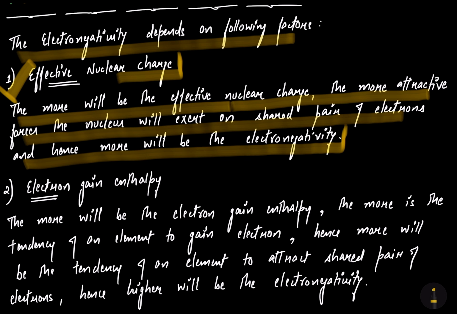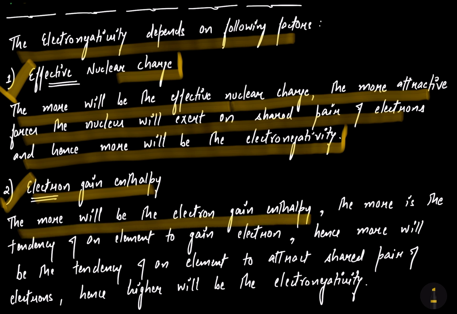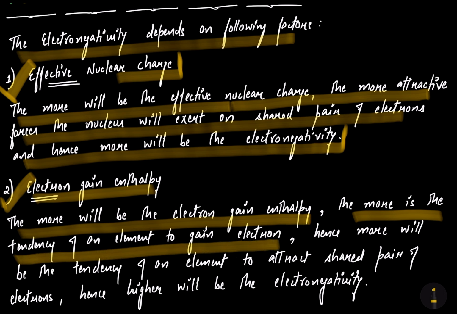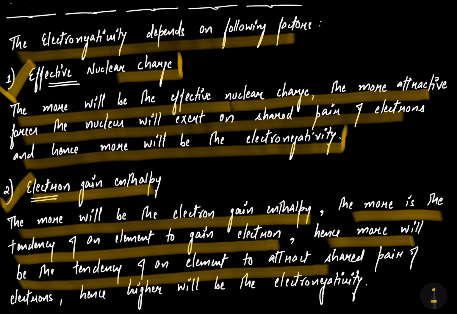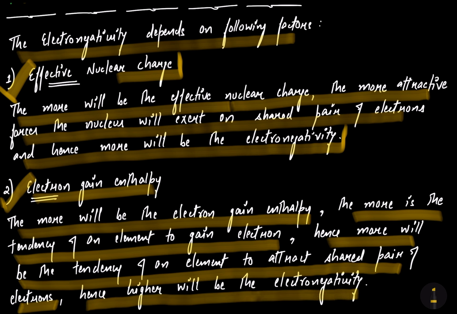Now let's talk about another factor, the electron gain enthalpy. The more the electron gain enthalpy, that means the more the tendency of an element to gain electrons, and hence the more the tendency of an element to attract the shared pair of electrons also. So hence the higher the electronegativity.